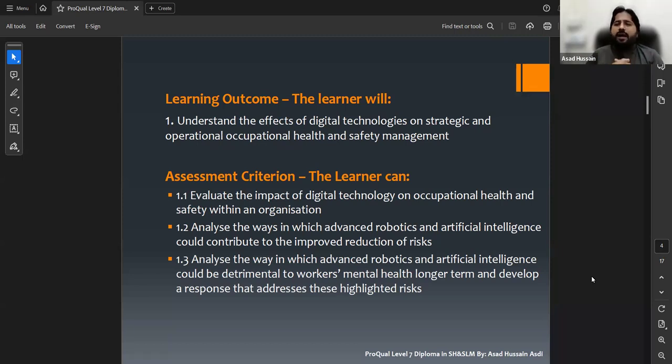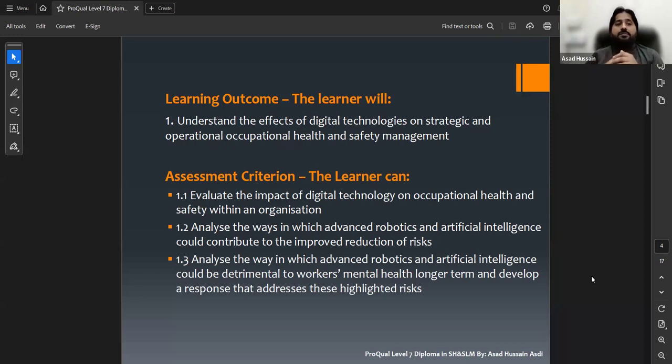The short forms for these words are AR and AI. So here you have to provide an analysis. Analysis of what? You have to analyze how advanced robotics and artificial intelligence are contributing. For what purpose? For the reduction of risk.